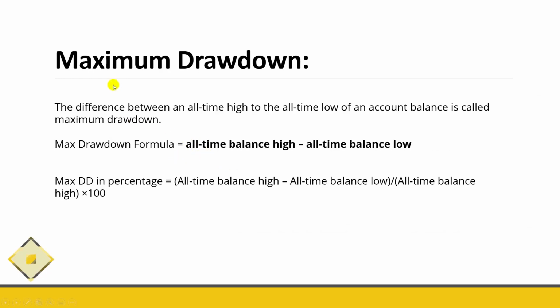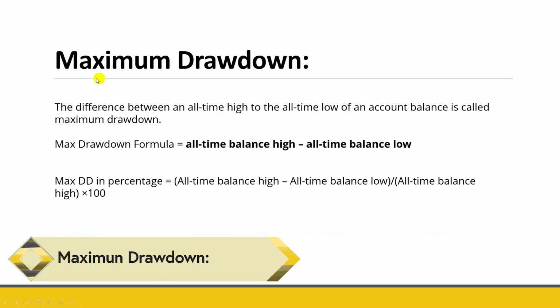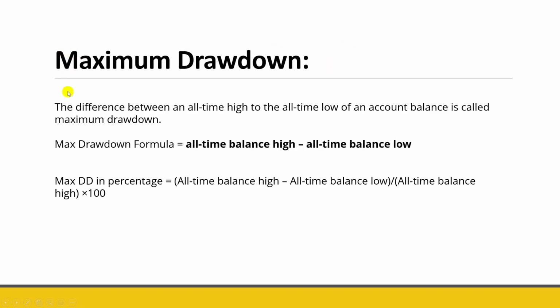Now let's talk about the maximum drawdown. Keep in mind that you might confuse this with relative drawdown, but these are very different, because the relative drawdown is calculated only when there is an open position in your trading account. When all the trades are concluded, then you can calculate the maximum drawdown.